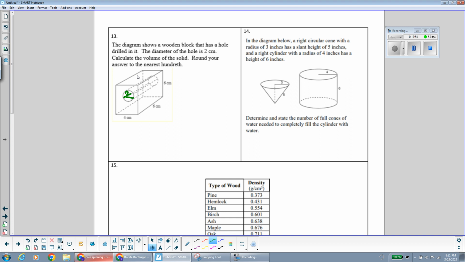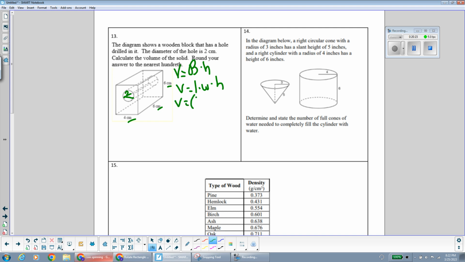So we need to find the volume of the entire rectangular prism, the entire block, and then subtract out the empty space because the cylinder inside is empty space. So the volume of the whole block is, it's all in centimeters, so that's good, area of the base times the height. Since it's a rectangular prism, the area of the base is length times width times height.